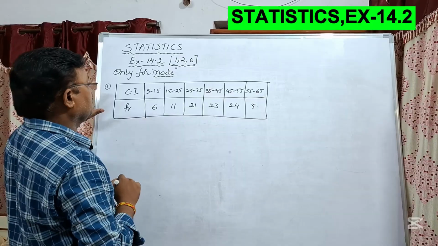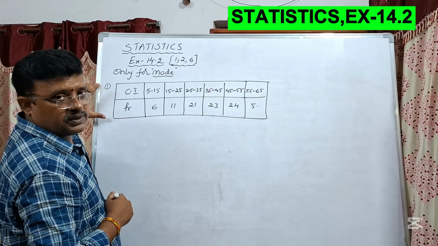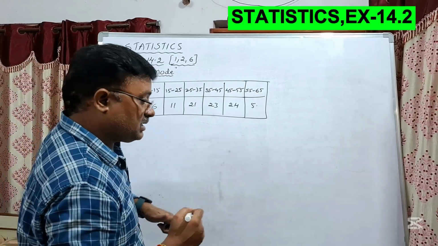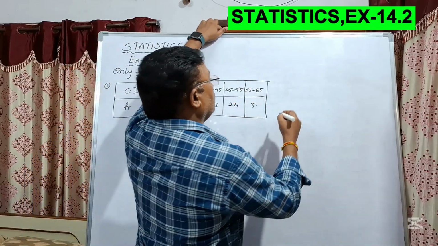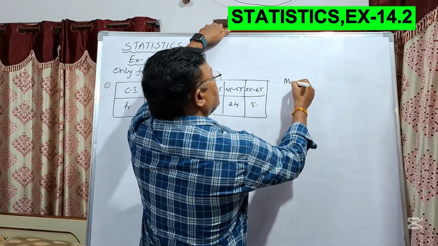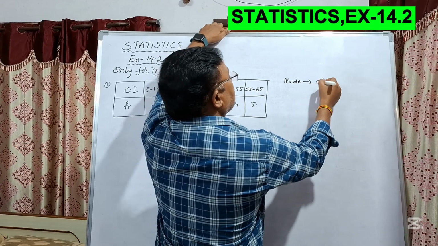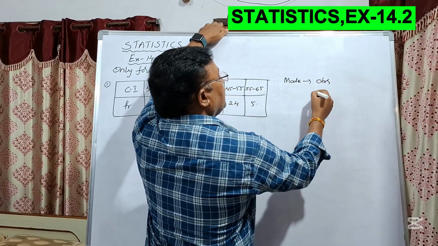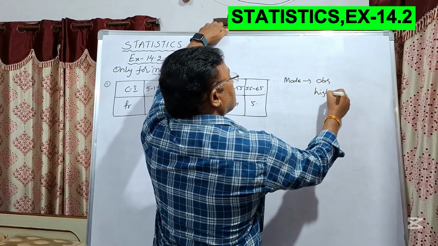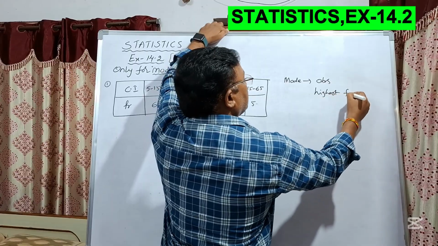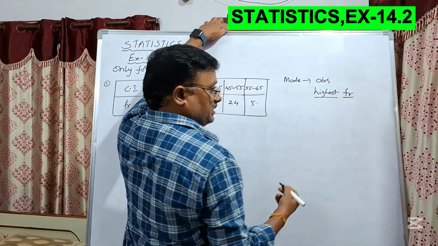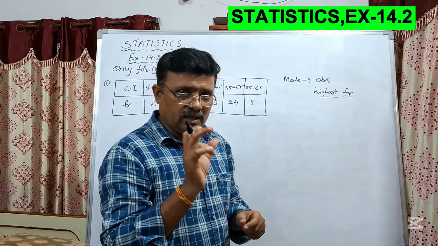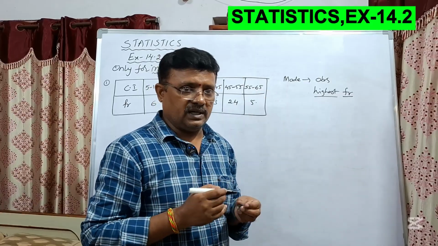Before entering into the first question, let us discuss the actual meaning of mode. The actual definition of mode is the observation which has the highest frequency. That observation is called the mode of the data.